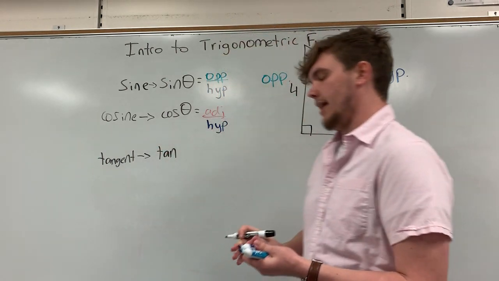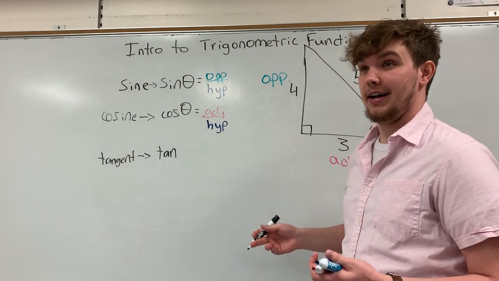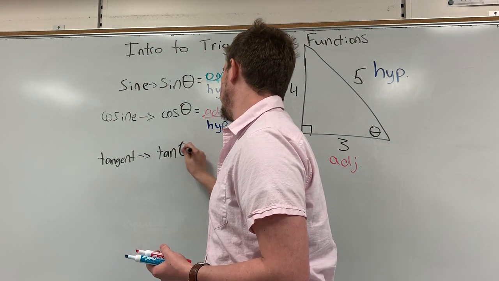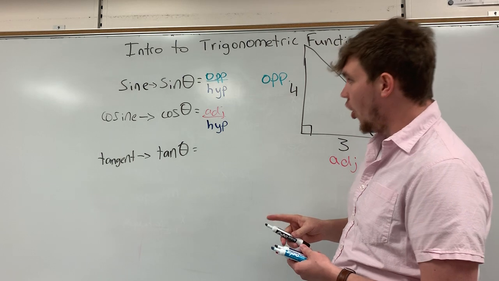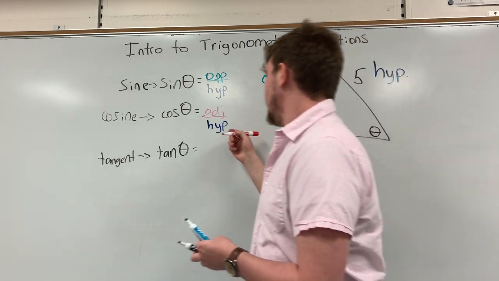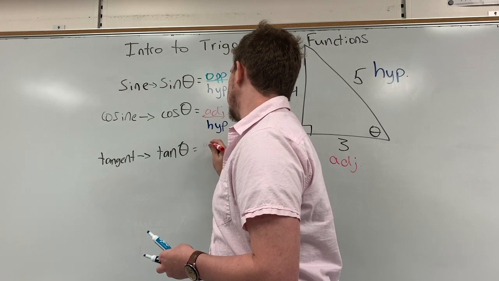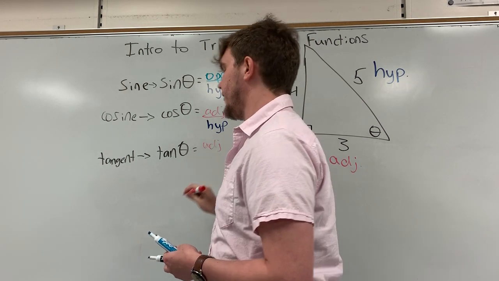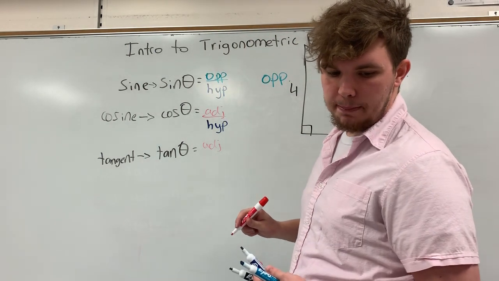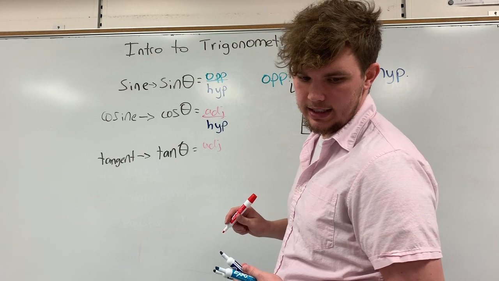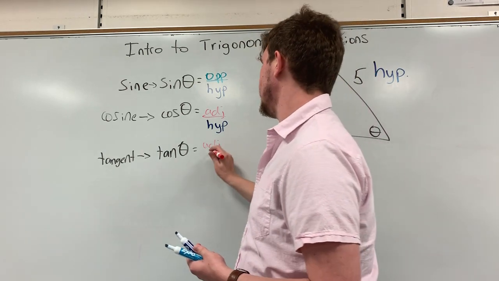The tangent of theta is always defined as the adjacent side divided by the opposite side.